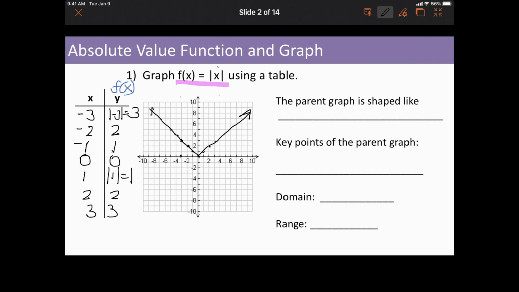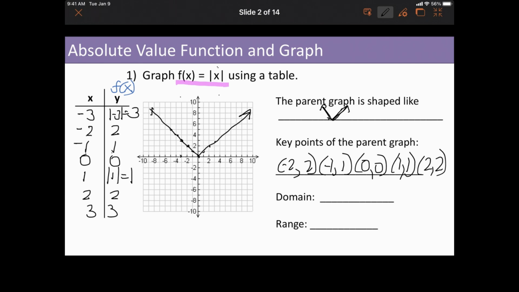So the parent graph has a shape like a V. It could be an upside down V, but it's going to be a V. The key points. Generally, I think of -2, 2, -1, 1, 0, 0, 1, 1, 2, 2. And I'll explain why I'm going to use the key points.